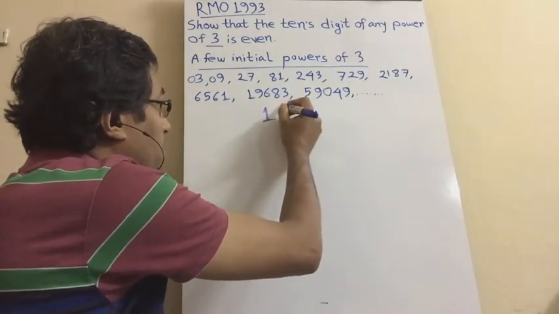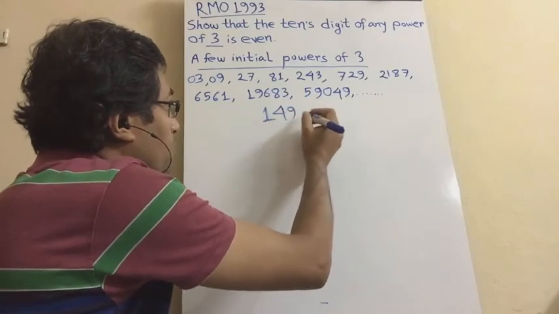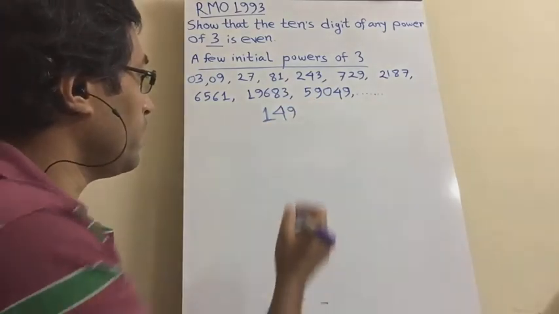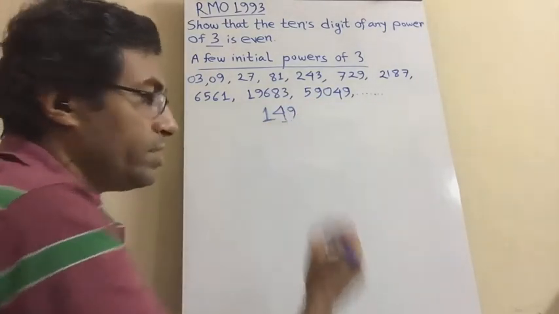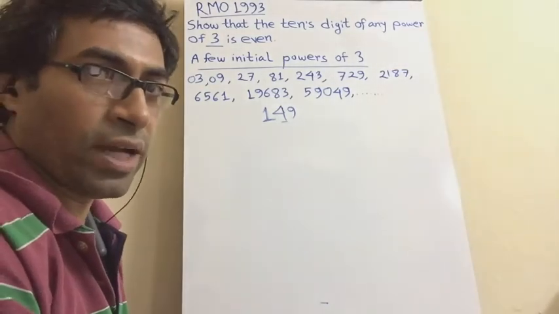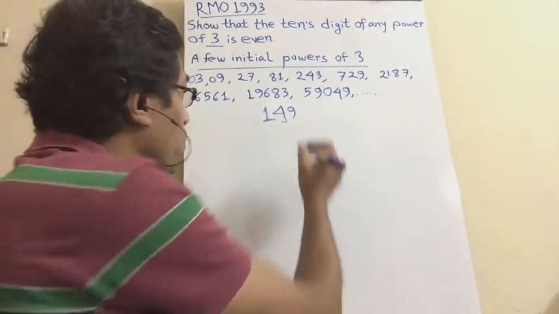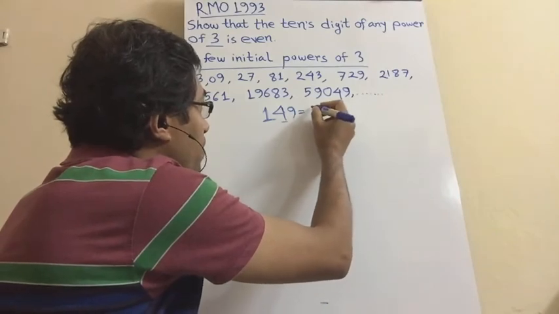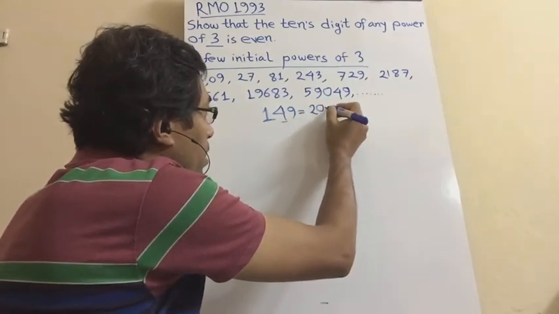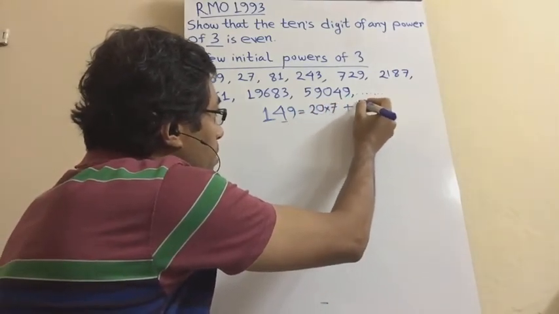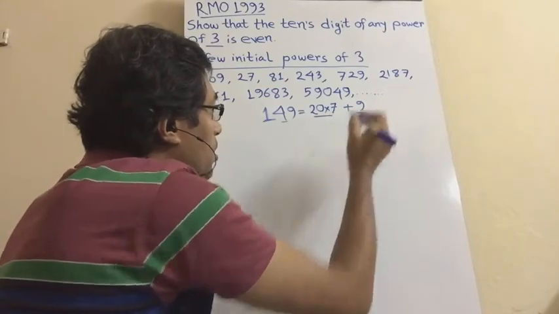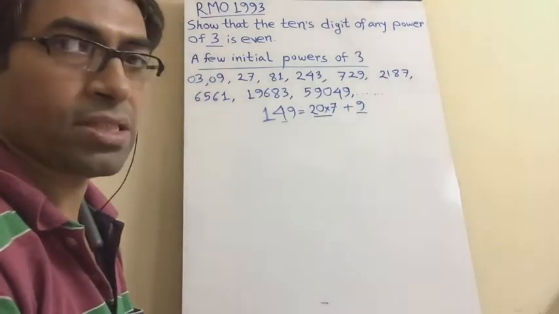Let's take 149. Now 149 has an even digit as the tens digit, and it can be written as 20 into 7 plus 9. So it's basically a multiple of 20 plus some single digit.